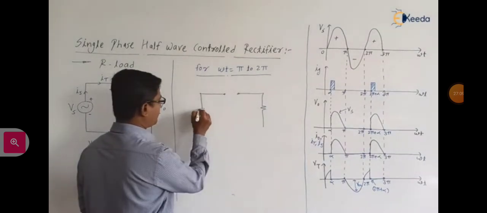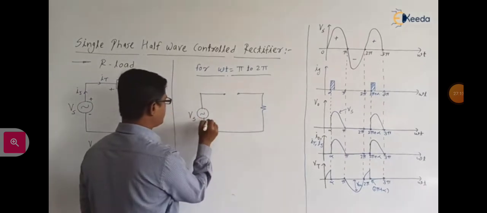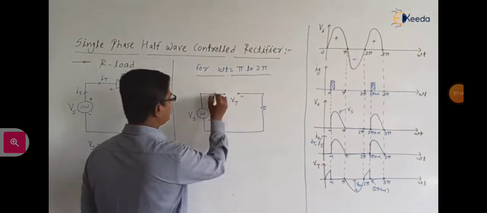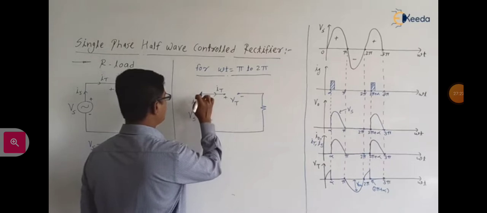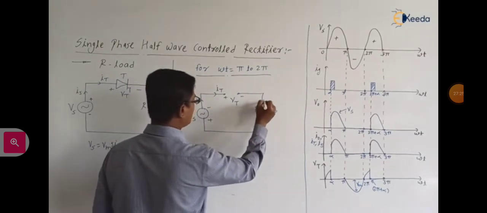So if the supply voltage is reversed, the reverse voltage Vs, this is Vt, this is It, this is Is, R, V0, and this is I0.